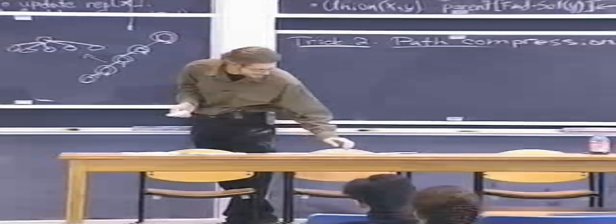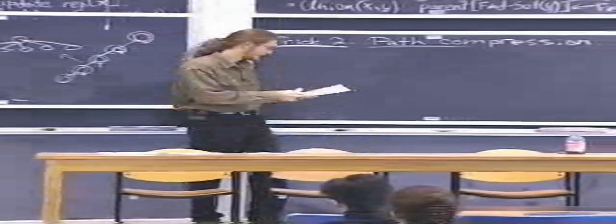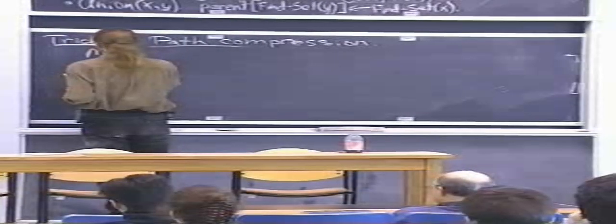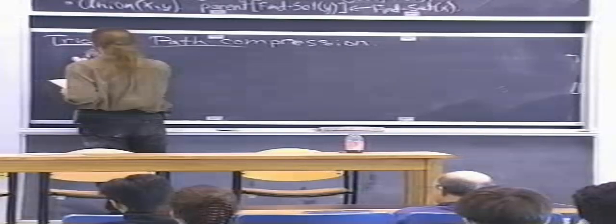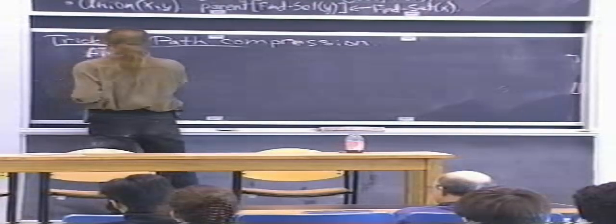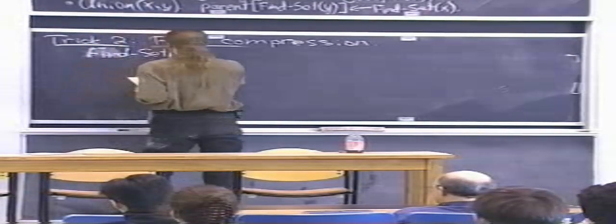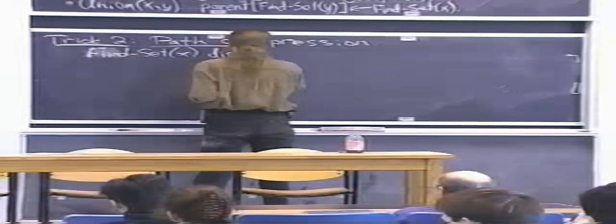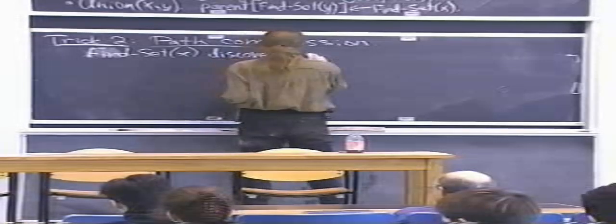And it's time to analyze it. Maybe I should write it down first. That's always good. Find set, we're changing find set as opposed to union. It discovers the representative element.